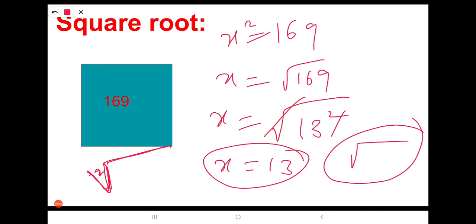We shall discuss cube root in the coming videos. Suppose I write 3 in this cap, it means it is a cube root. So 2 root 2 is different and square root 2 is different. Remember this.